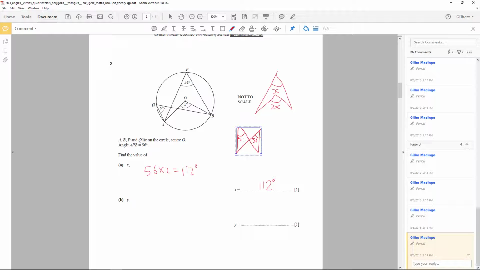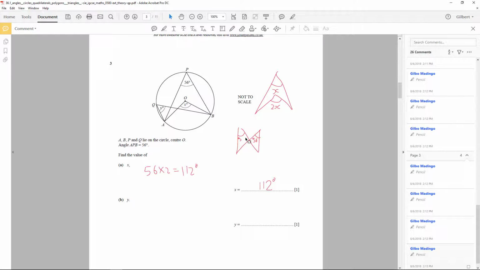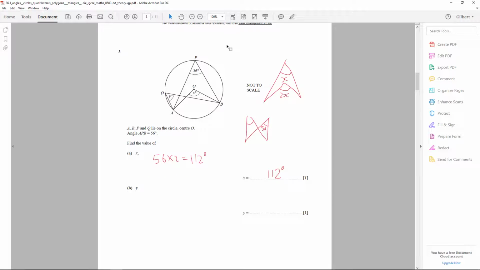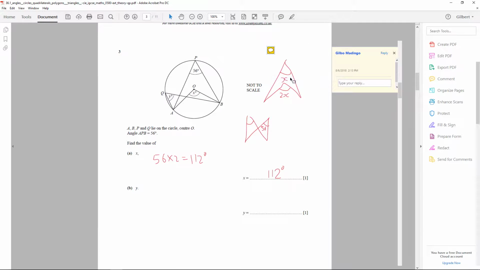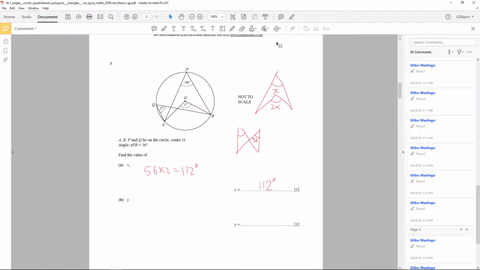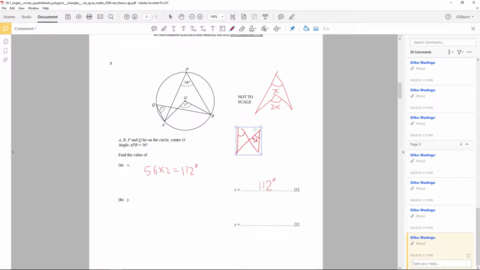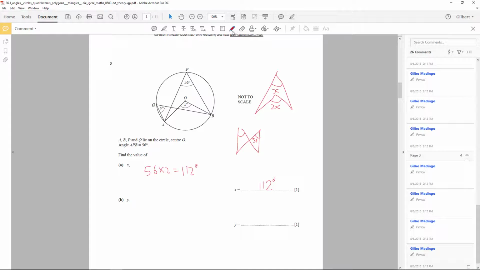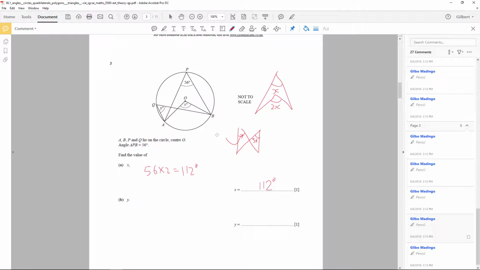So this angle here is 56. Okay, anyway, this angle here is 56.